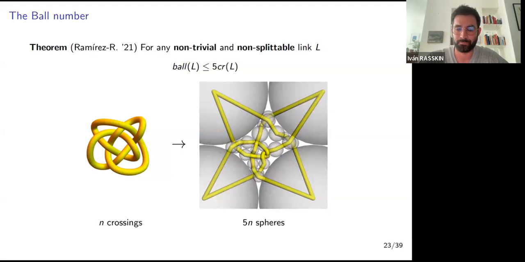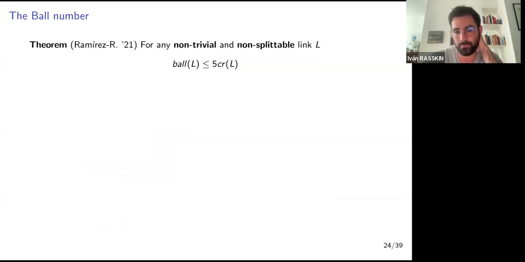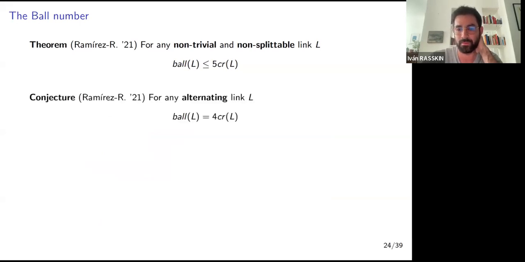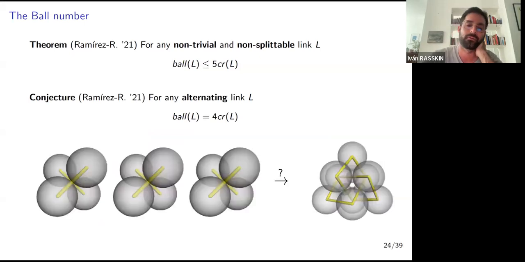With this, we can give an upper bound of the ball number in terms of the crossing number, a linear upper bound. But actually, we think that this upper bound is not sharp. We think that for alternating links, the ball number should be 4 times the crossing number. The idea behind is that to construct a crossing, we need 4 spheres.